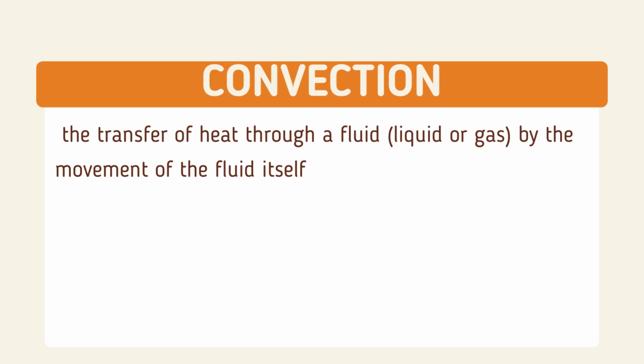Convection is the transfer of heat through a fluid, a liquid or a gas, by the movement of the fluid itself. When a fluid is heated, it becomes less dense and rises, while cooler, denser fluid sinks, creating a circulation pattern that transfers heat.